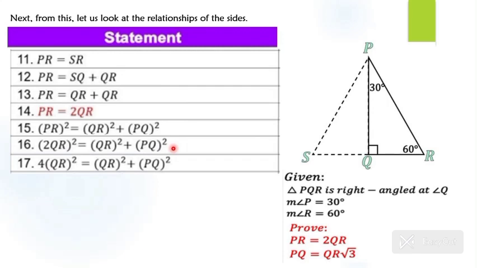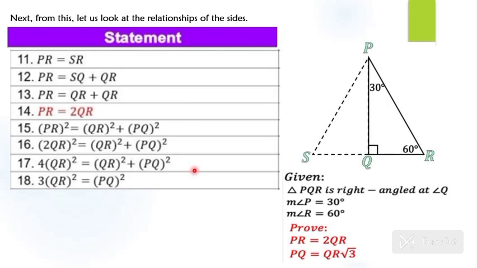So here in number 17, by the laws of exponent, we could multiply the square to our number. So 2 times 2, we have 4, and QR times QR, we have still QR squared. So equals QR squared plus PQ squared.